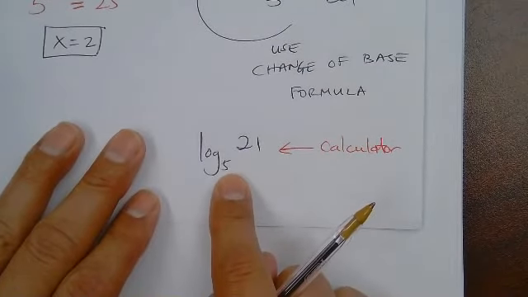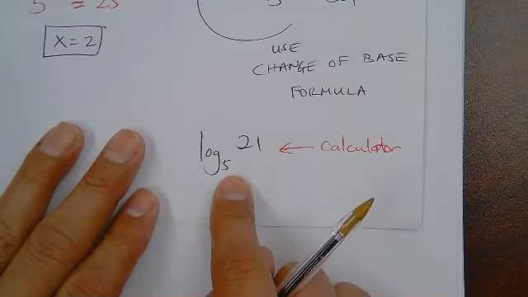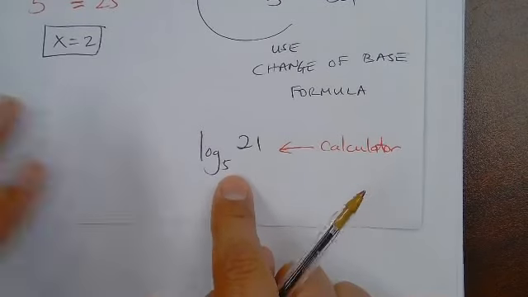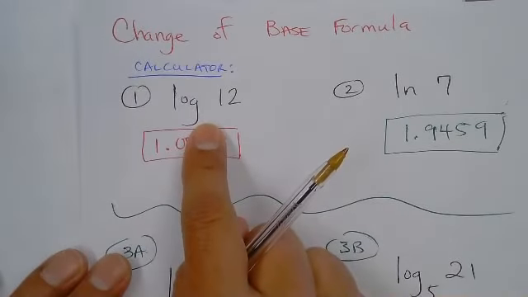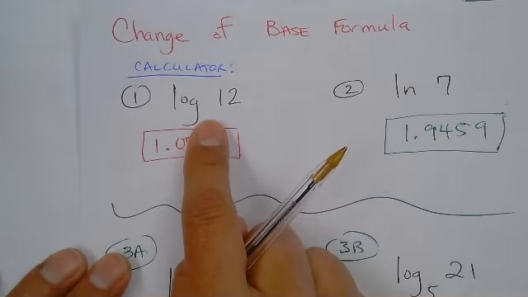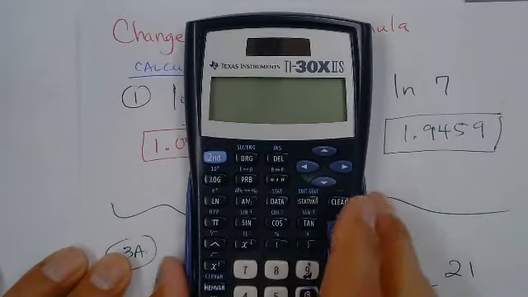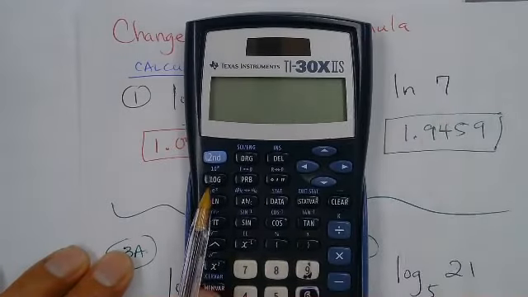Does everybody agree we cannot do this on the calculator? Why not? Why? Because there's no x? No. Why? Let me go back over here. Why is it that it was possible to do this one on the calculator? Because the base is 10 right here. Remember, if it doesn't have a base, it's 10.